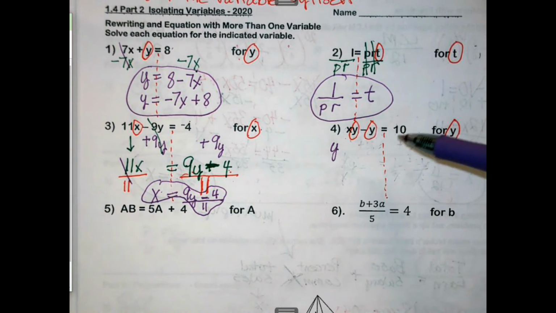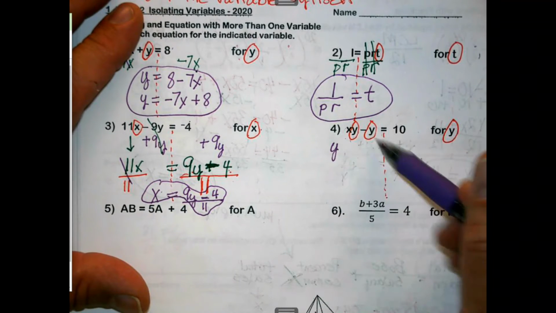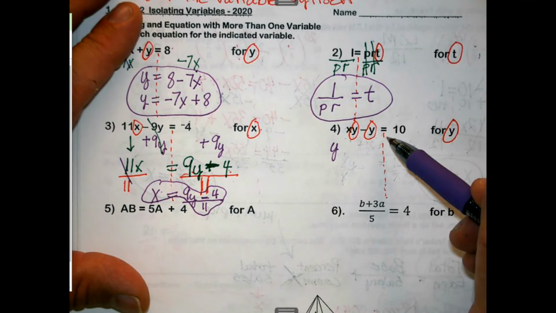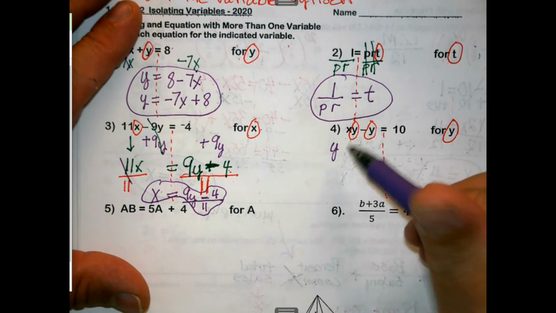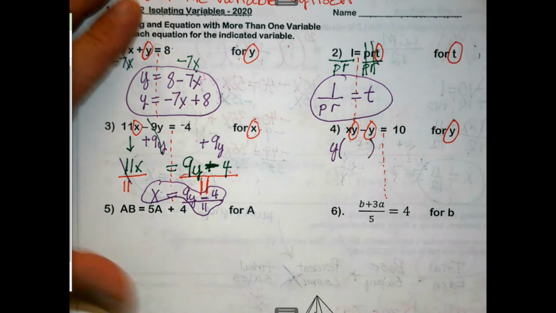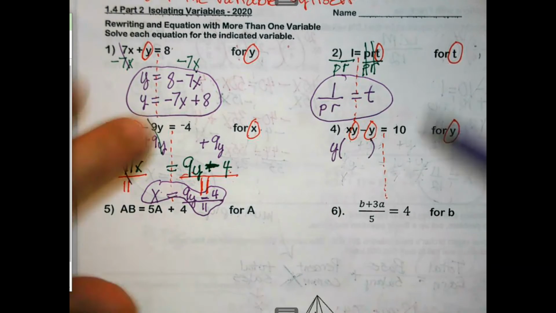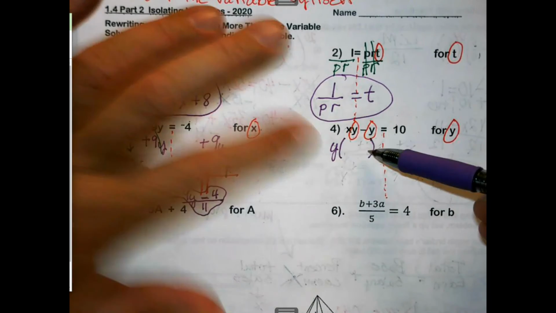I could just divide everything by y, but I can't because then I get a 10 over y here. So I'm going to try to make this all one term. I need to make everything multiplication. I'm going to put a quantity here because that's going to force it to be a number. Then I'm going to have y times a number, right?